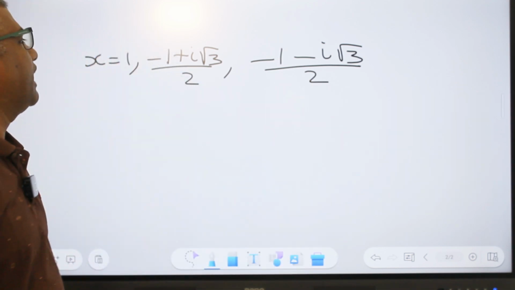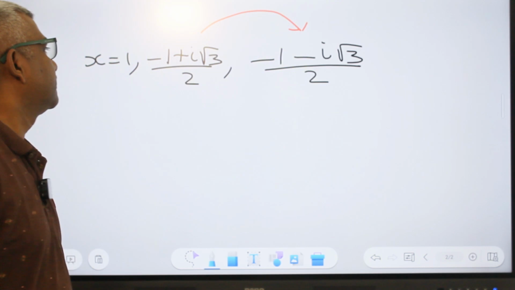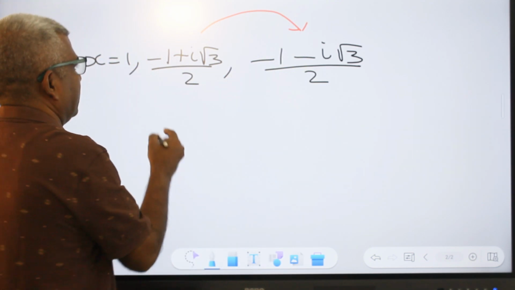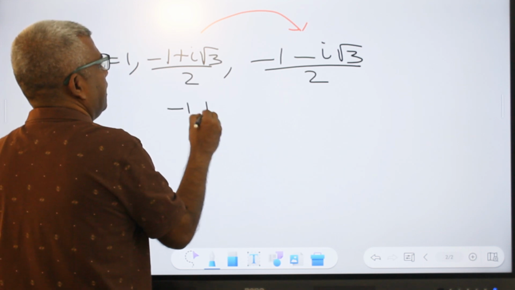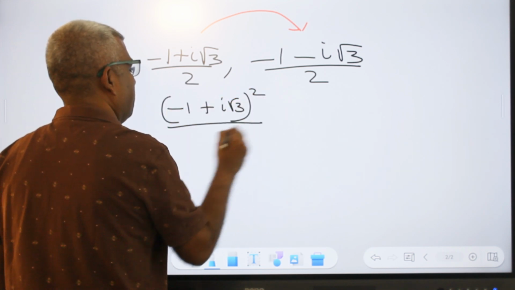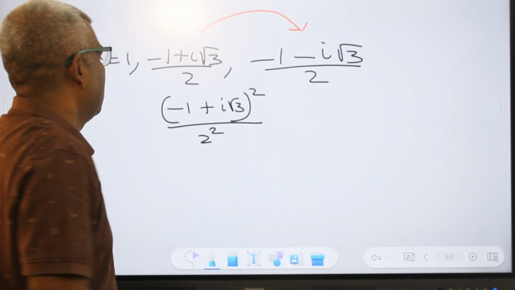There is one similarity between these roots: if you square one, the other comes. Let us confirm it. I am squaring the second root, minus 1 plus i root 3 by 2, whole square.